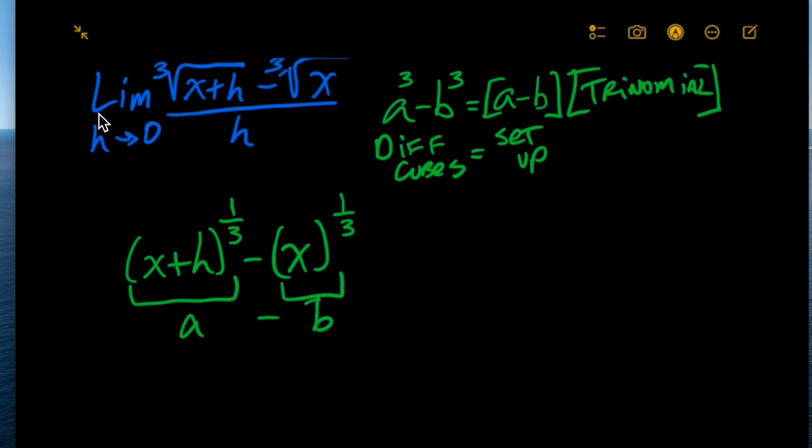Because look at this. This is our setup. Right there. We're going to use this setup, and we're going to work backwards. Or I should say, we're going to work to the right, and we're going to find that trinomial using the setup. And then we're going to go to the left, and we're going to find the difference of cubes using the setup.